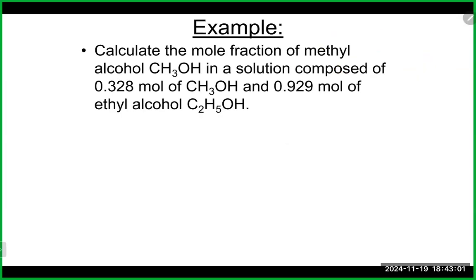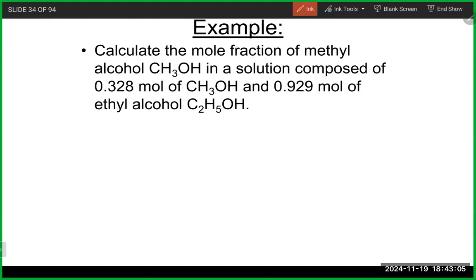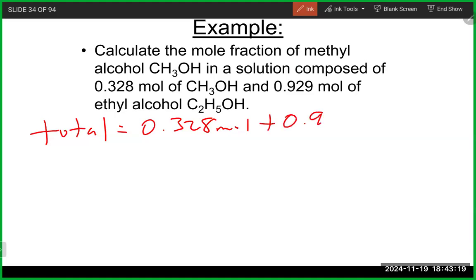And obviously here, as an example, we'll go back again through this one here that we did earlier. We could get our total moles by adding everybody up. So our total moles in this case is all these guys, 0.328 plus our 0.929 here.